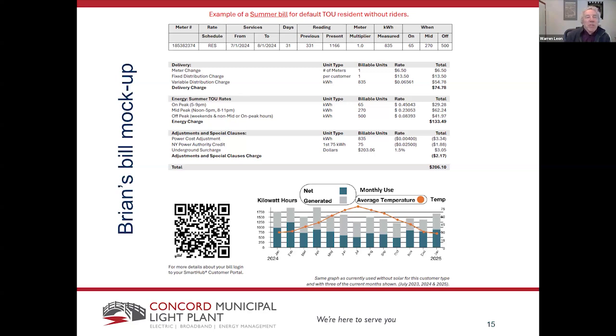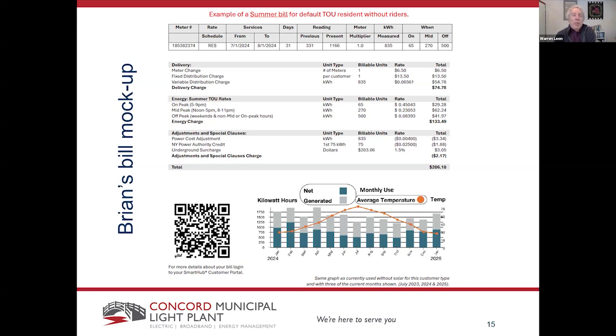But we still are on how we're going to do the solar presentation. And let me ask Brian a question for you on this. And this is the solar tariff approach.